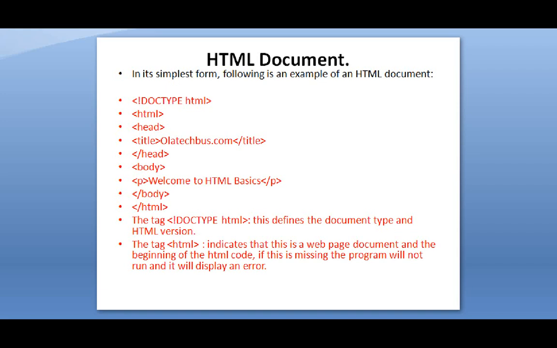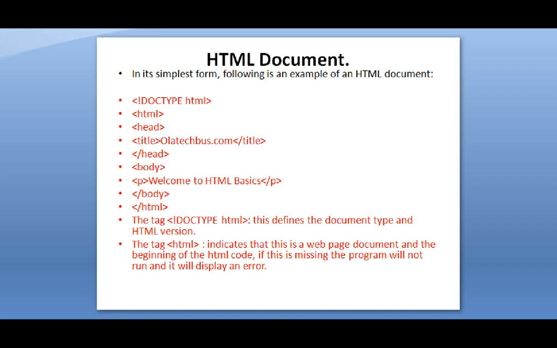Then followed by html, then followed by head. Between the head we have a title. You can see my own title is olatechboss.com. Then you close the title. Then you have the body. Welcome to HTML is a paragraph, and the paragraph is between the body. Whatever you want to write must be between the body. Then you close the html.